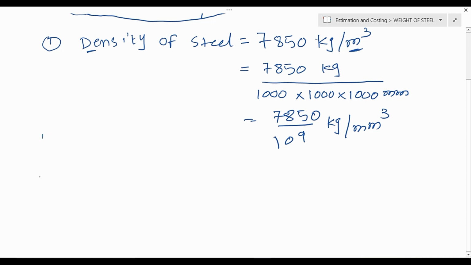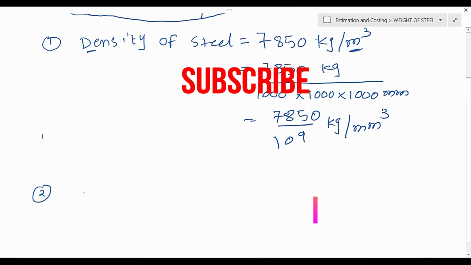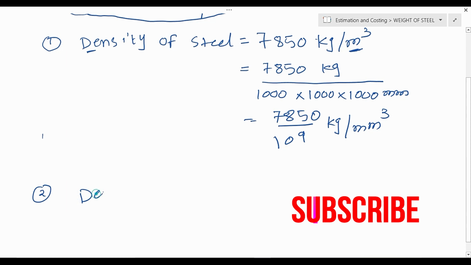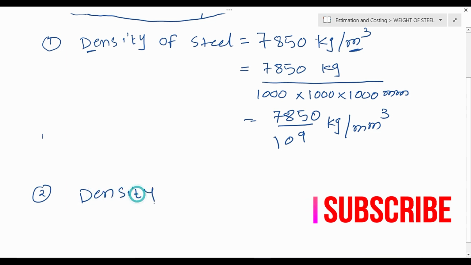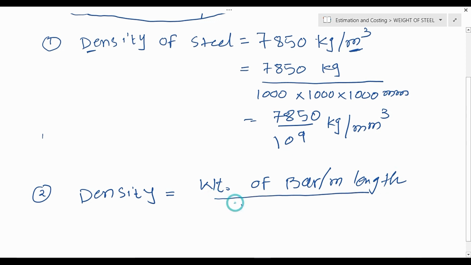Now next step. We know the formula for density. My density formula is equal to weight upon volume. So weight of bar per meter length divided by volume.